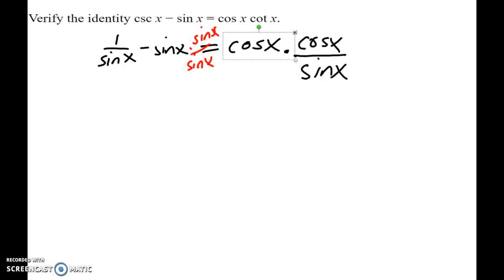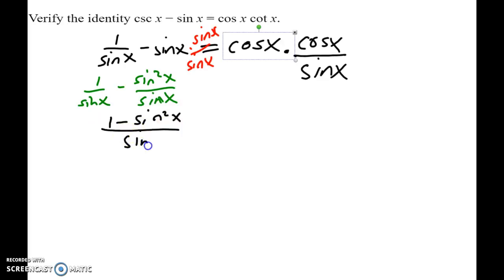And that would make our outcome 1 over sine of x minus sine squared of x over sine of x. So that all turns out, after we combine it over the common denominator, as 1 minus sine squared of x over sine of x.